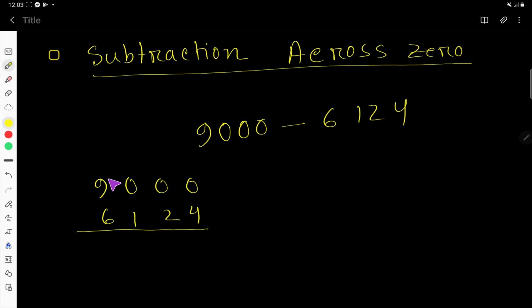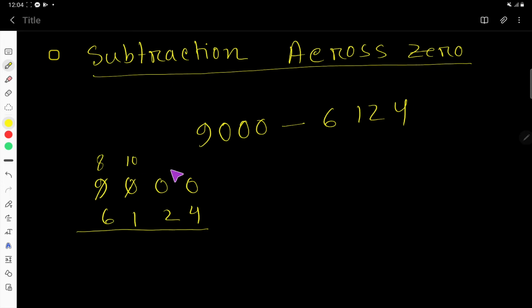If you borrow 1000, the rename will be 10 hundreds. This is the 100s place, right? That is, you borrow 1 and place it before this 0. So you are getting 10 hundreds.